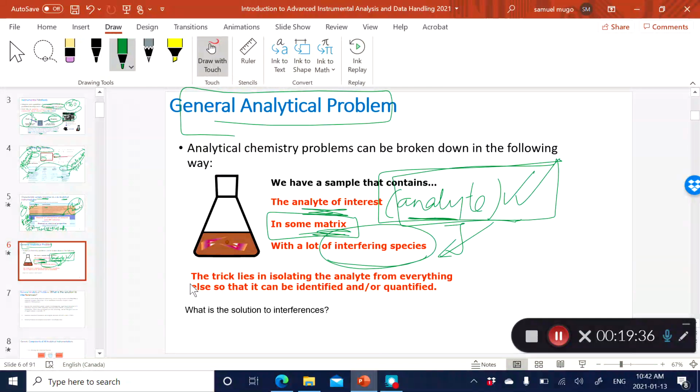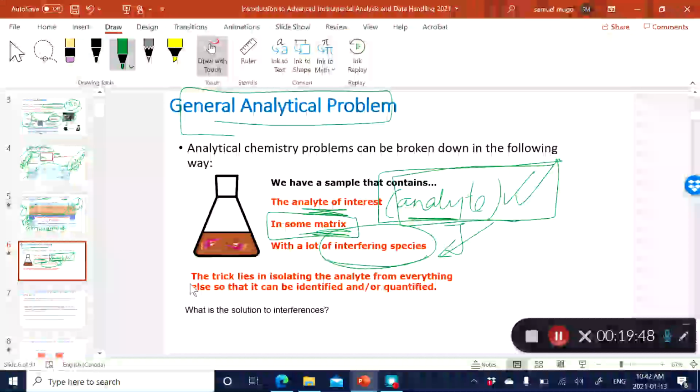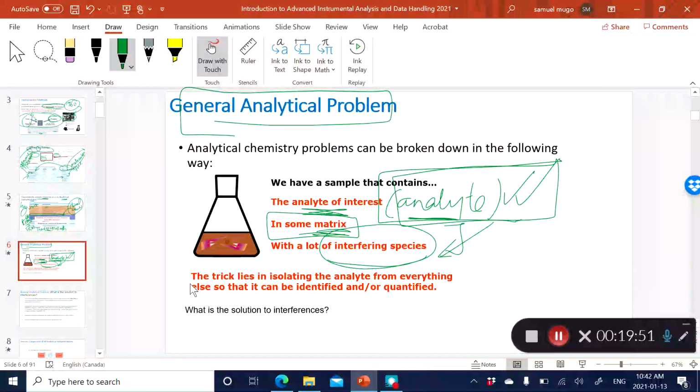When you're doing food analysis, you can imagine there are a lot of different types of chemical constituents present, probably, in milk, for example. And maybe you're just interested in analyzing calcium in milk. And so all the other species are going to come in the way. And so as an analytical chemist, you have to think, what is the best analytical method that's going to help me analyze calcium specifically so that all the other junk doesn't get in the way? So that's what analytical chemists do.